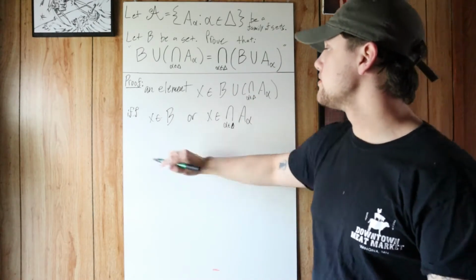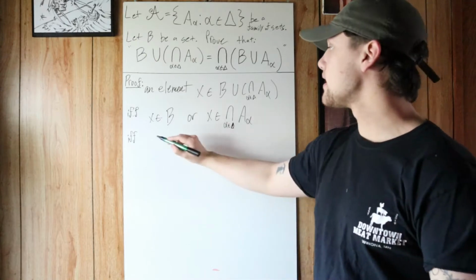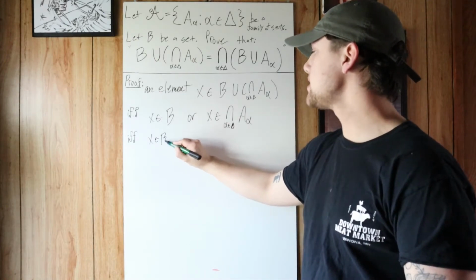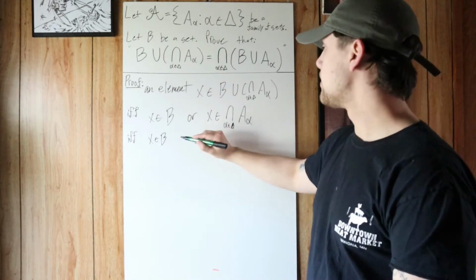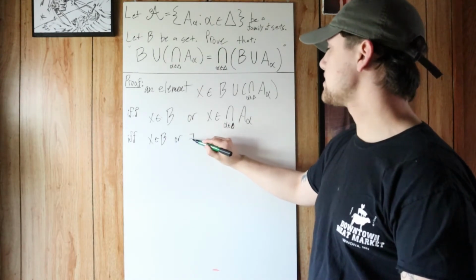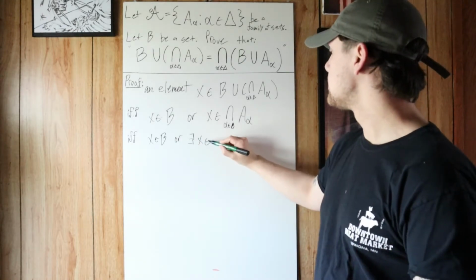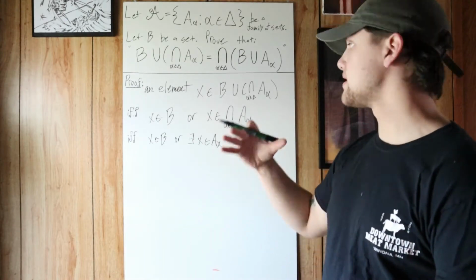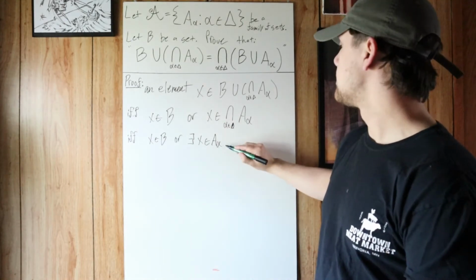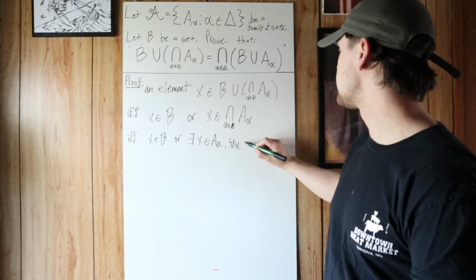So this is true if and only if X is still within our set B, and pulling apart the definition of the intersection here, or for all alpha values within our index family, X is within a distinct set of our indexed sets.